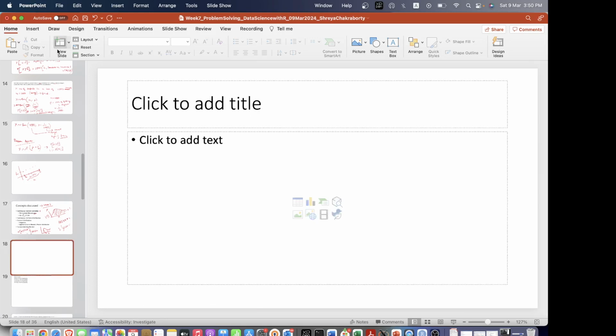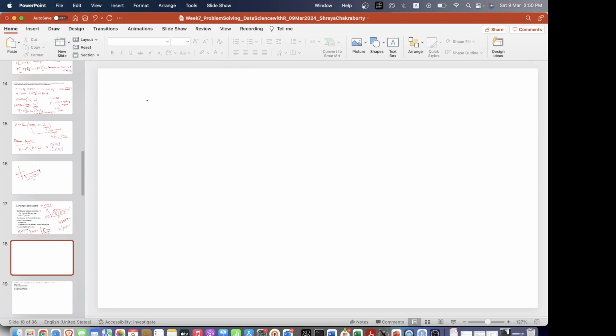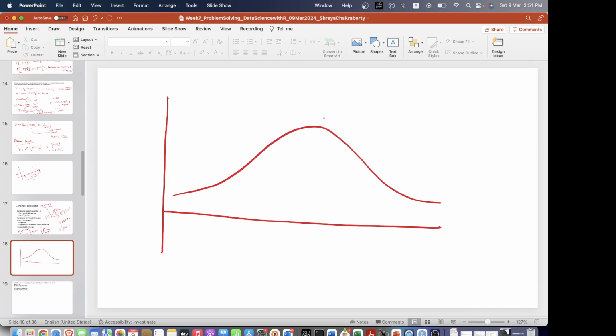Now let's say this is your curve, and you want to find the probability at this position b. The exact area under this point is actually 0.